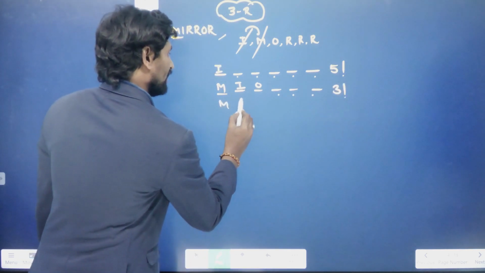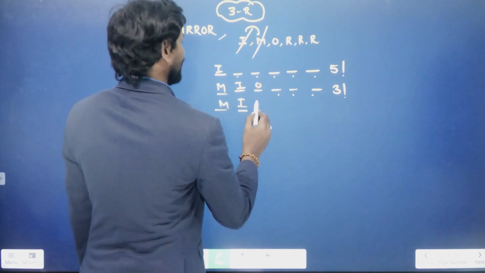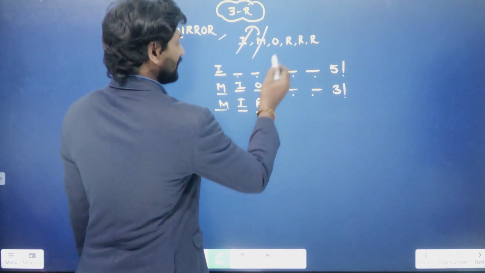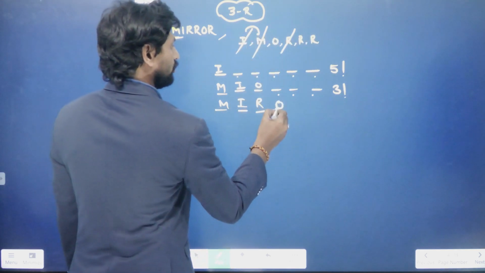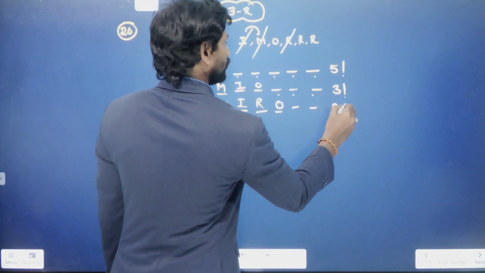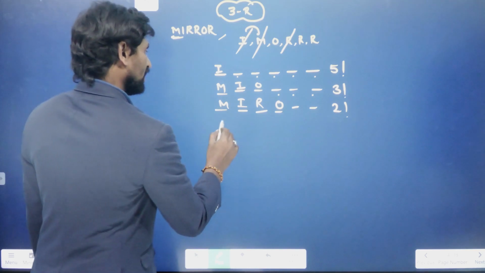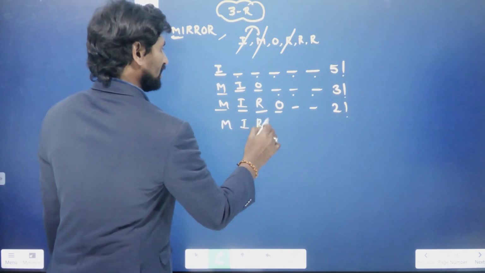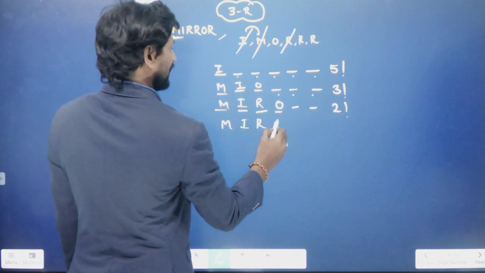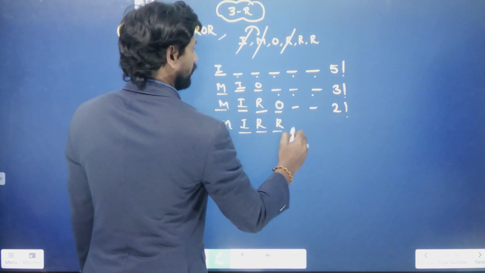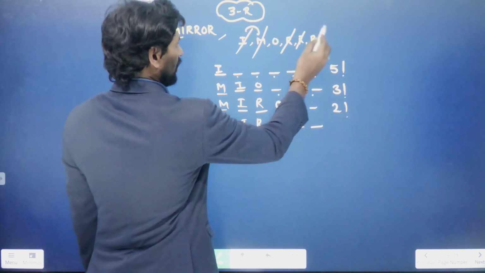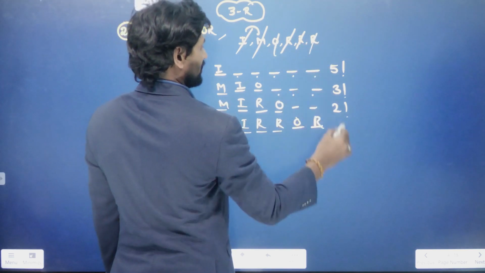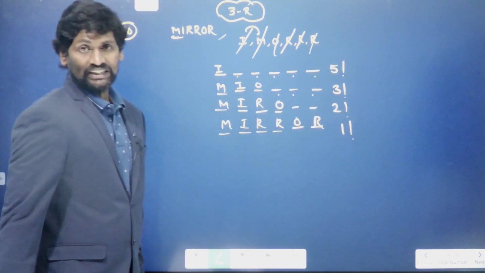Next, M, I, and in the place of O we can write R. Third place we also got. Next again alphabetical order O, which we don't want, so 2 factorial. Again alphabetical order M, I, R, in the place of O, then R. So we found it. R, then O, last R, all arranged. This is 1 factorial.